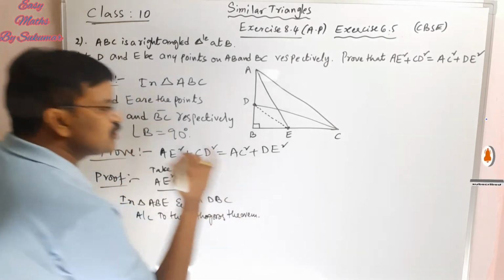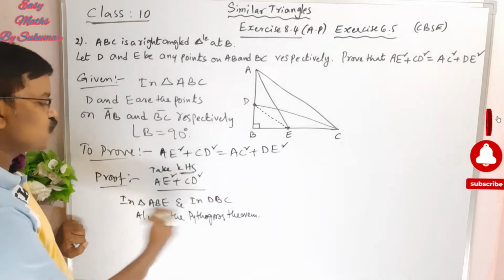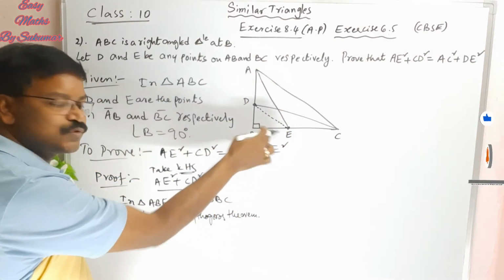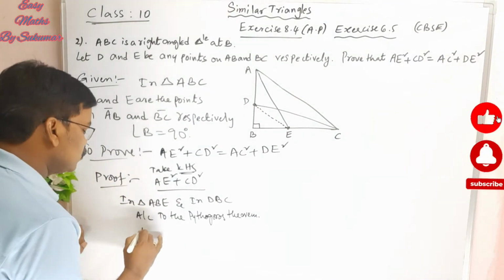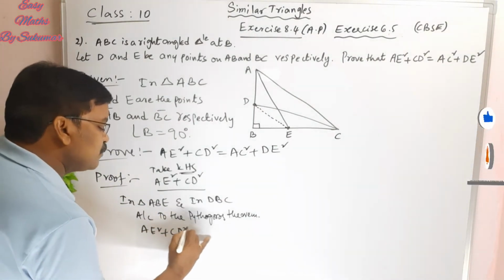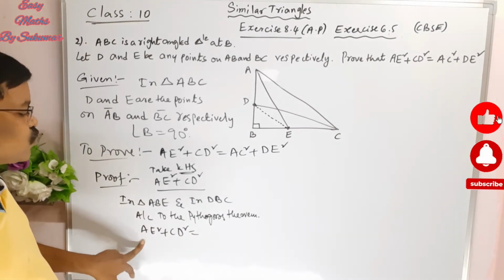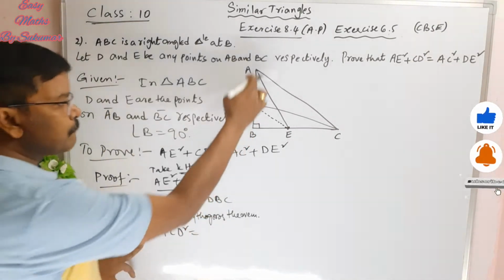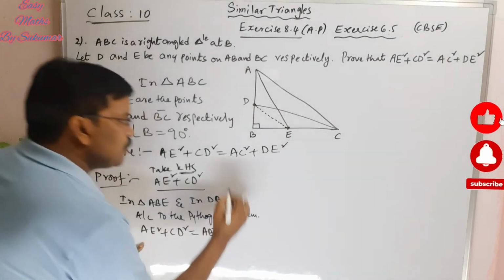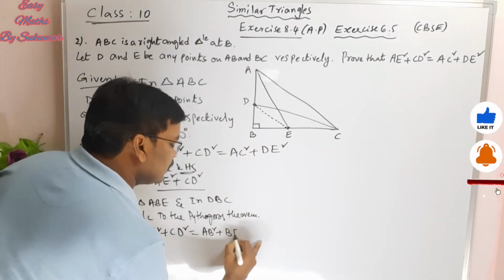here, AE square means what? AB square plus BE square in this triangle ABE. So AE square is equal to AB square plus BE square.